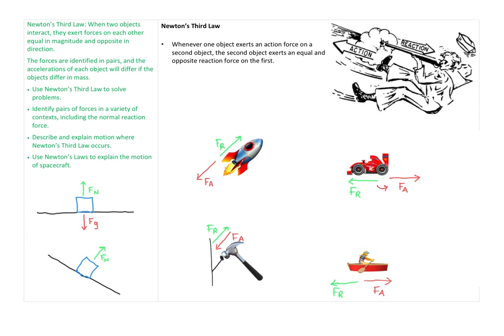All of these examples relate to that. Use Newton's laws to explain the motion of spacecraft. That basically is this idea here of the gas being expelled out the back, which causes a reaction force which accelerates the rocket. So hopefully that has covered Newton's laws in sufficient detail for you this year.